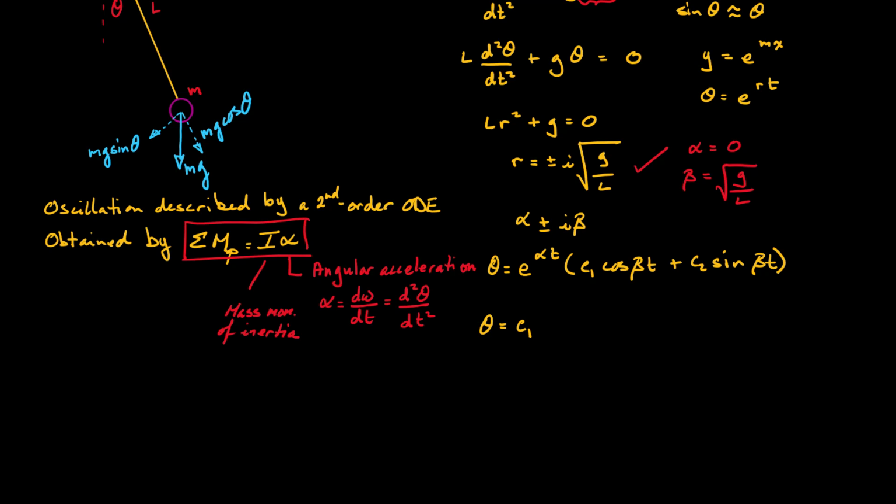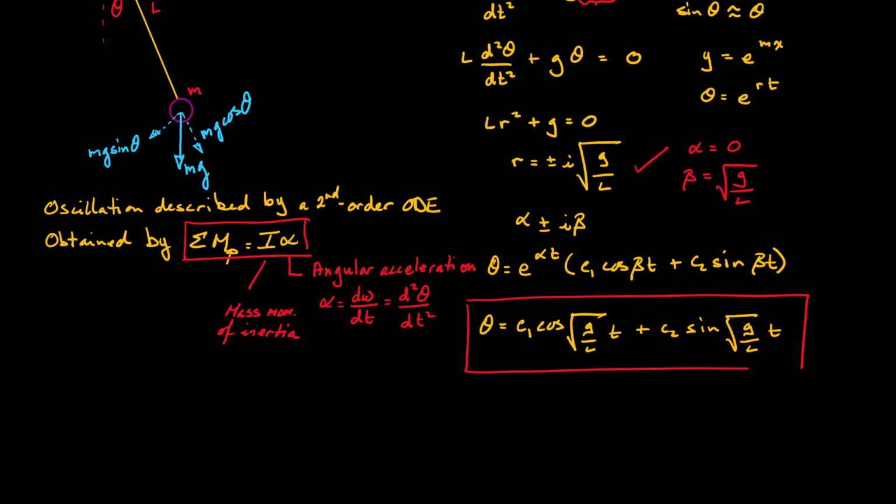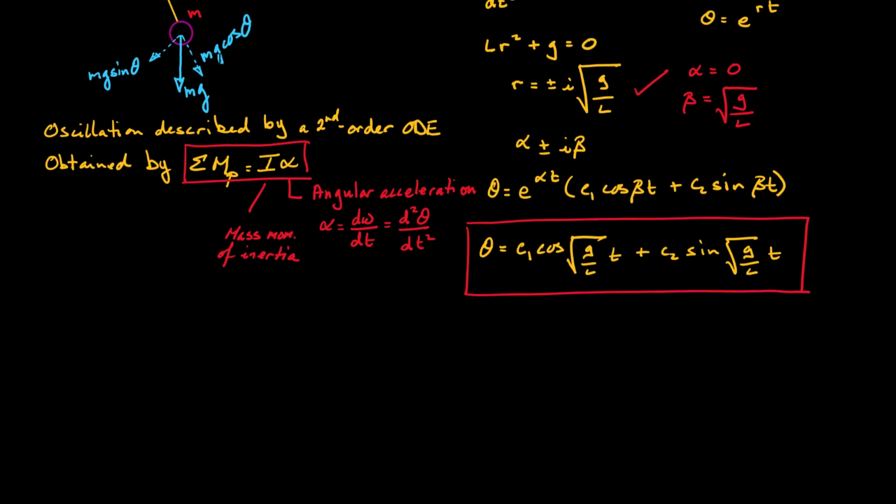So we just have c1 cosine of the square root of g over L multiplied by t plus c2 sine of the square root of g over L multiplied by t. So this is the solution to our second-order linear constant coefficient ODE, which describes the oscillation of our pendulum.